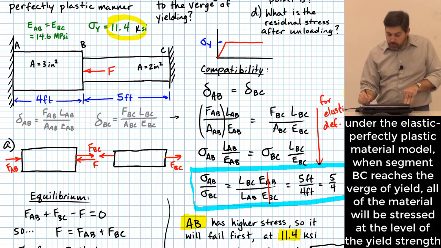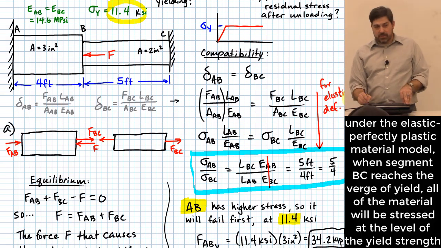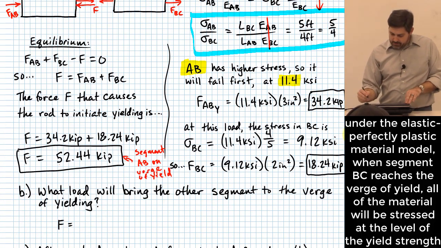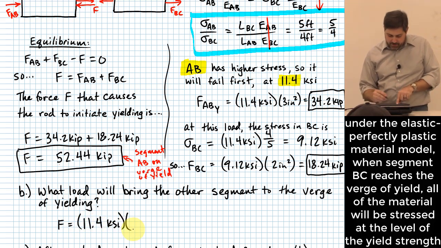So that means both pieces of material have a stress of sigma sub y in them for this second part that I'm dealing with. Okay? So that means I can go down here and do 11.4 KSI multiplied by its cross-sectional area. So let's say I'm doing AB first, right?